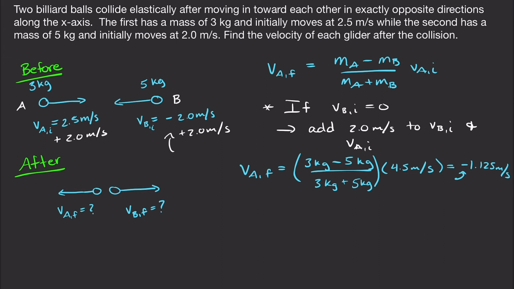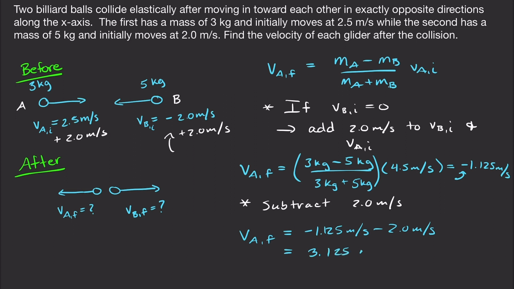But now that we've done this, we can't just leave it the way it is. We have to subtract that 2 meters per second that we added. So now subtract 2 meters per second, and we get that our actual VAF is minus 1.125 meters per second minus 2 meters per second, or minus 3.125 meters per second.